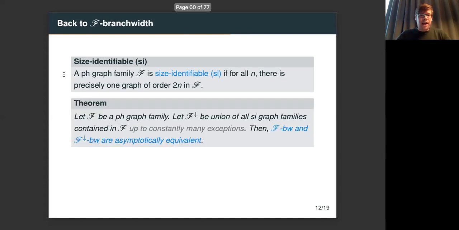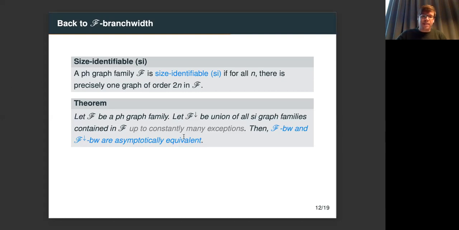Now what we managed to show is the following. If you take any partner hereditary graph family and then you restrict it to the union of all size identifiable graph families that are contained in F, except for some constantly many exceptions, then you obtain two asymptotically equivalent F-branch-width parameters.